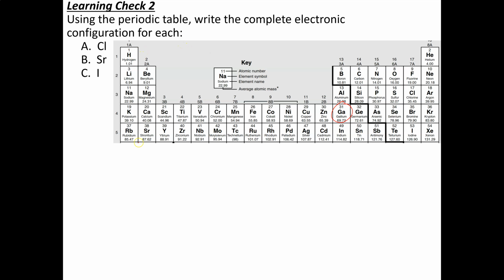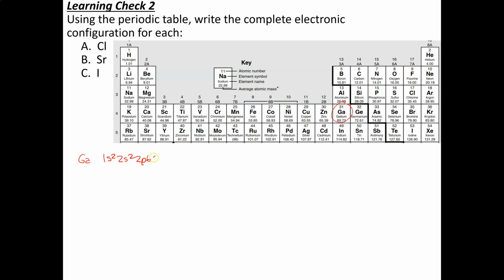We start with 1s. So this is for gallium. We go 1s2, right, left to right. What comes after 1s2? 2s2, right, which is right here. Then we go through the 2p's, all of them, so 2p6, because we're not stopping. What we're stopping at, and you can tell right off the bat here, is going to be 4p1. So once we get to 4p1, we're going to stop because that's all the electrons we need to represent.